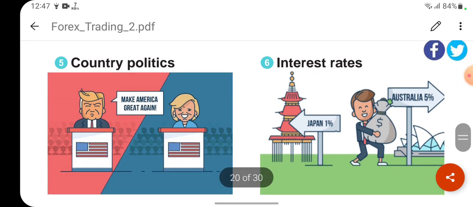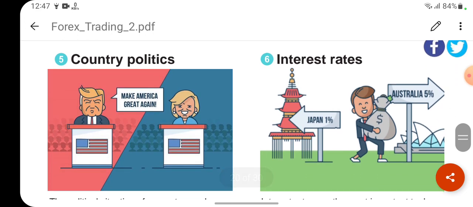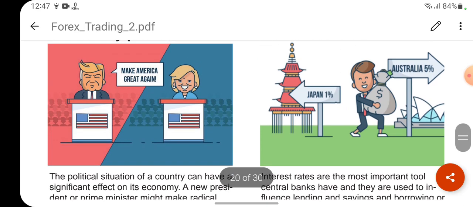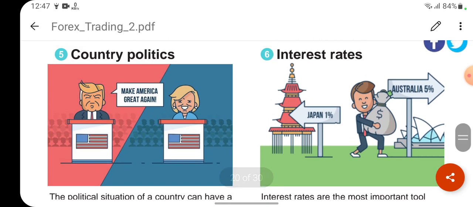Now, the fifth and most important factor that moves the forex market is country politics. Country politics plays a very important role in forex. How it works and how it moves the forex market, let's discuss in detail.